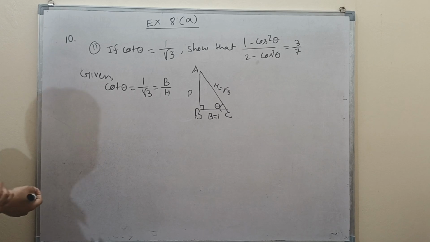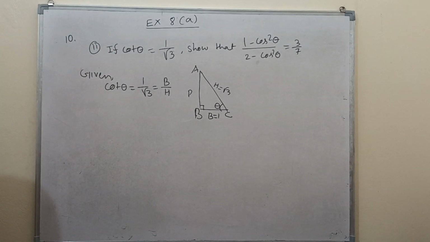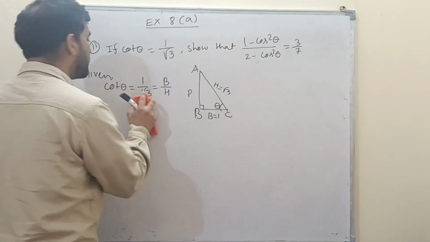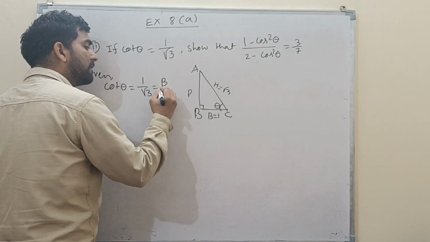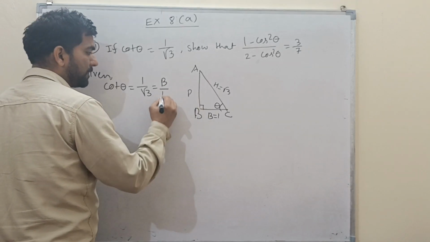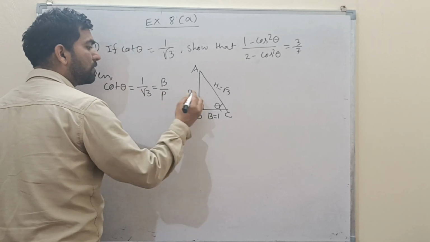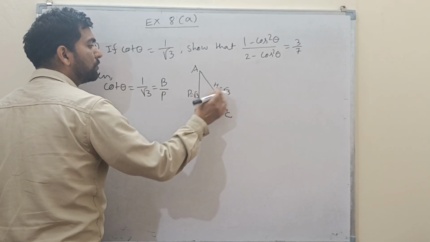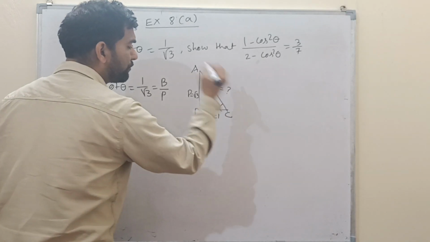Cot theta, it is not cos, so let us correct it. Cot theta is nothing but base by perpendicular. So base we got 1, perpendicular we got root 3. This one, the hypotenuse, we need to calculate.